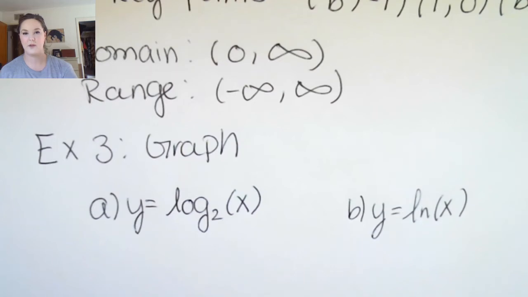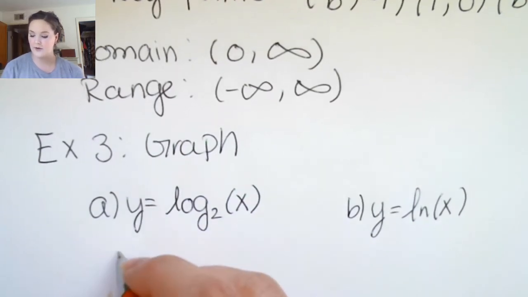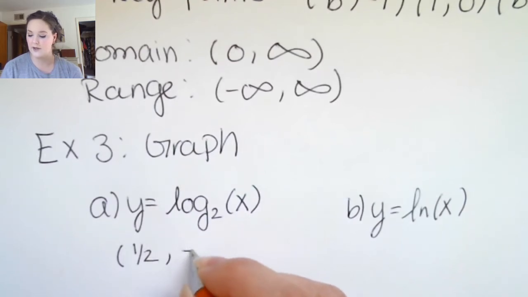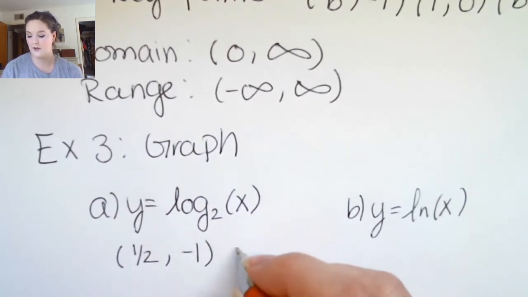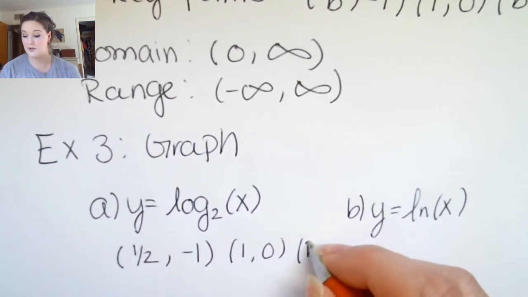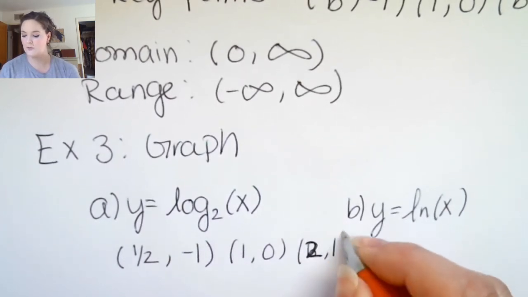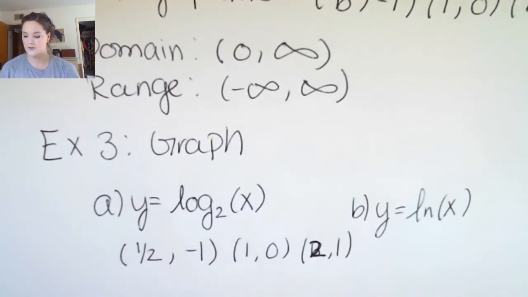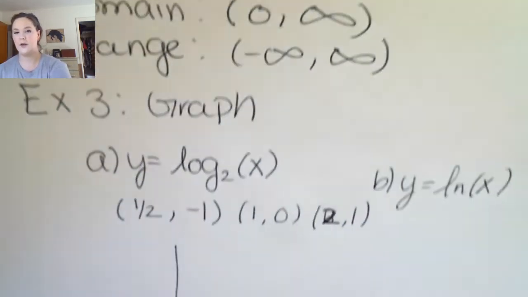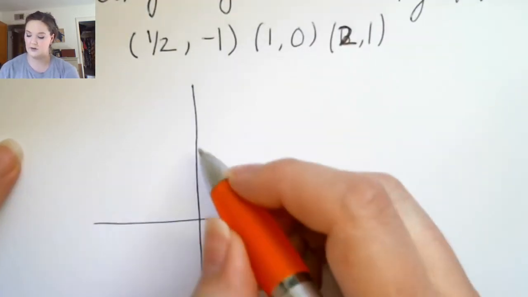All right. So here our key points are going to be 1/2, negative 1, then 1, 0, and then b, which is 2, so 2, 1. So we're going to put in our vertical asymptote here along the axis.